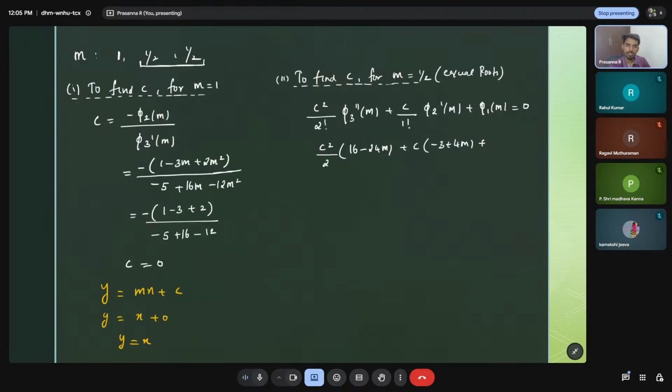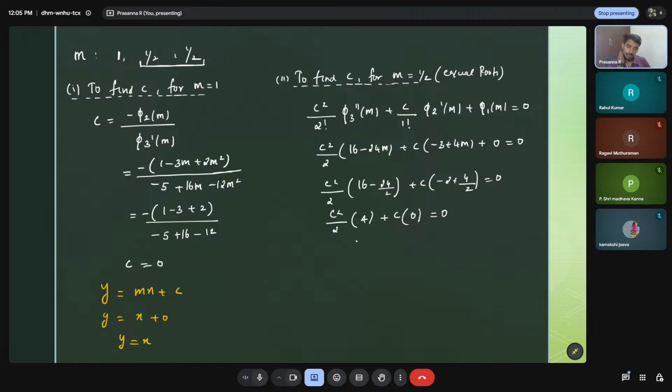And p1 of m is 0. Now you put m is equal to 1 by 2. So c square by 2, 16 minus 24 by 2 is 12, and this is 0, and this is 0.